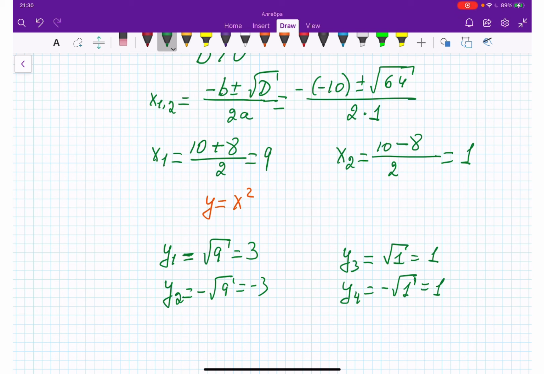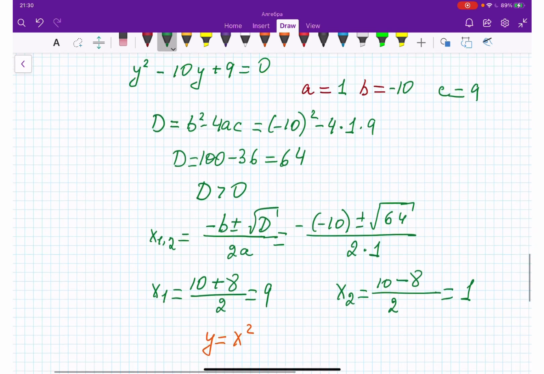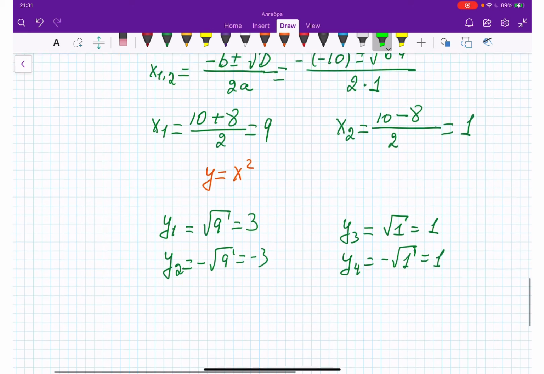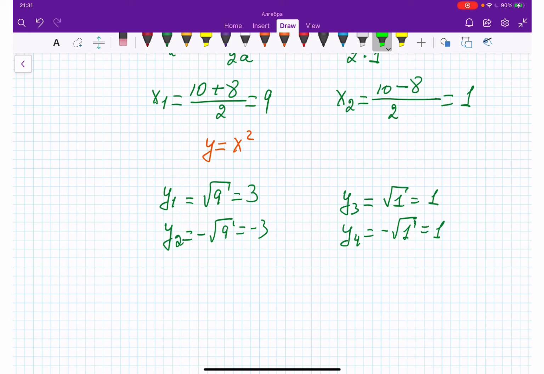I would like to give you some information. I don't know if you know about that, but the degree of the equation, in this case we have degree 4, the highest degree of the equation is 4. The degree of the equation identifies the number of solutions for the equation. Degree is 4, so we have 4 solutions.